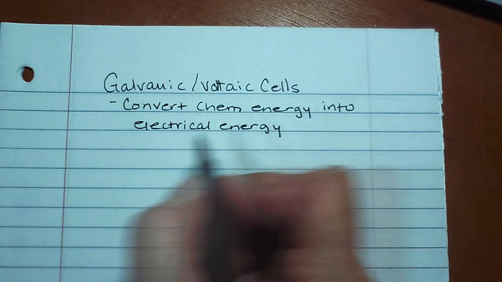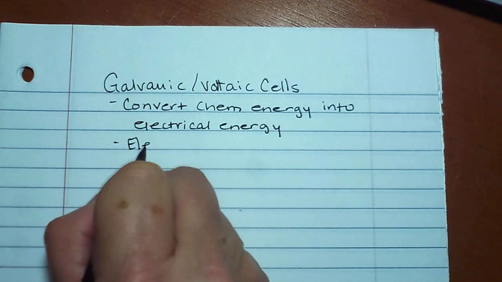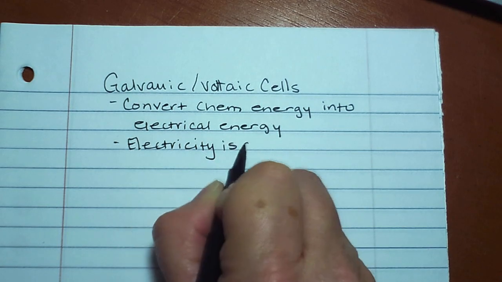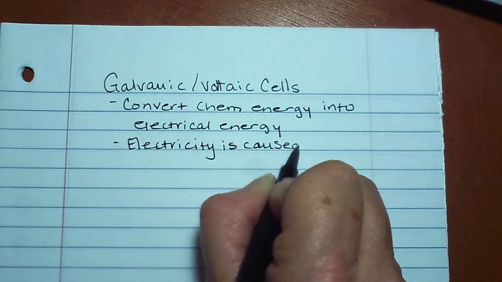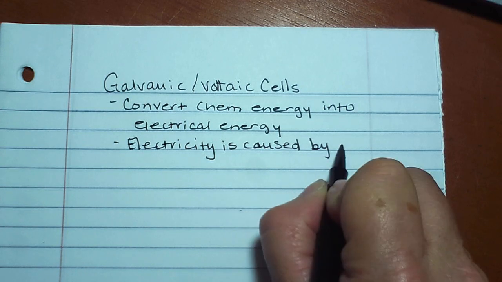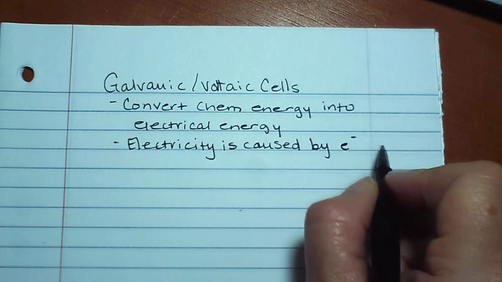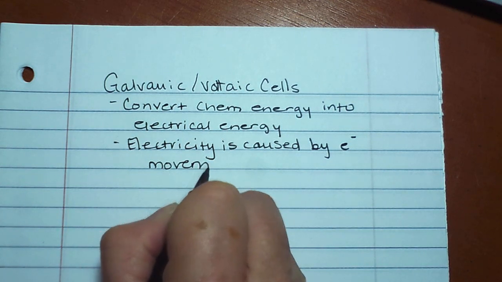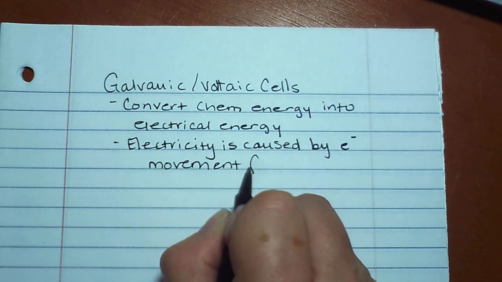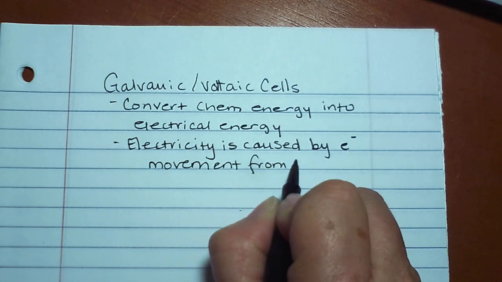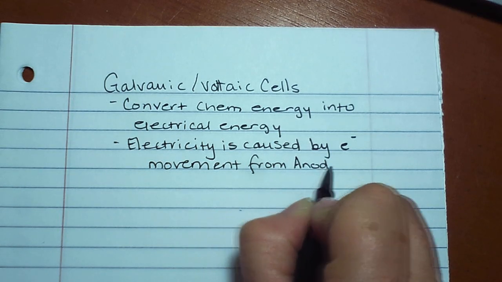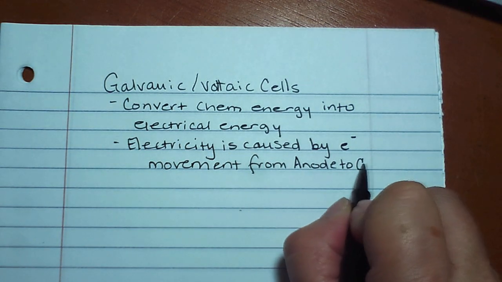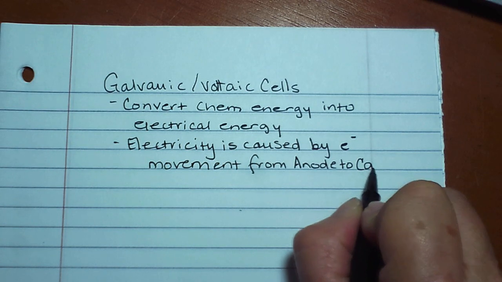And the electricity is caused by the electron movement from the anode to the cathode. We start at the anode, electrons are lost there.